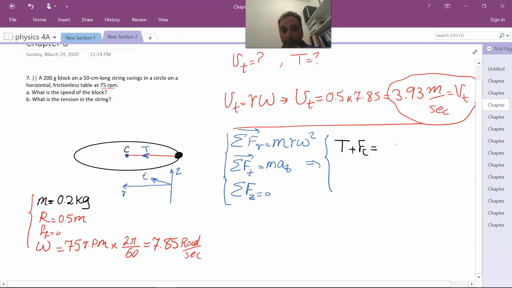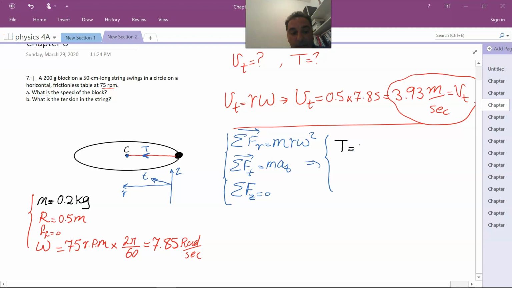No. Who is making this tension? It's the centripetal force. That's why you have rotation. So do not put this one here, please. The only force that I have on the radial axis is tension.